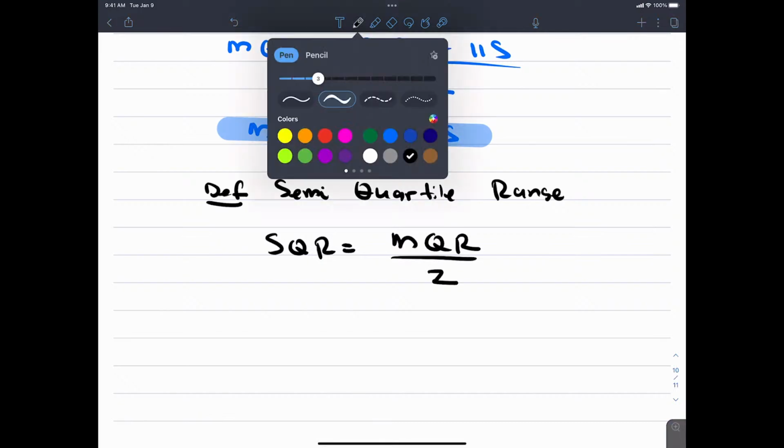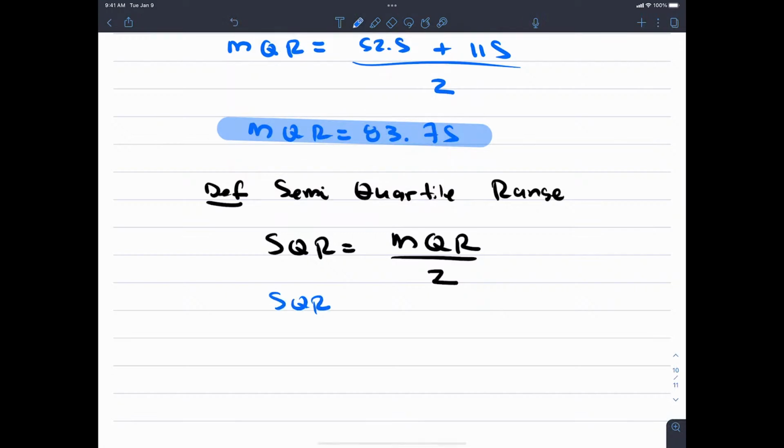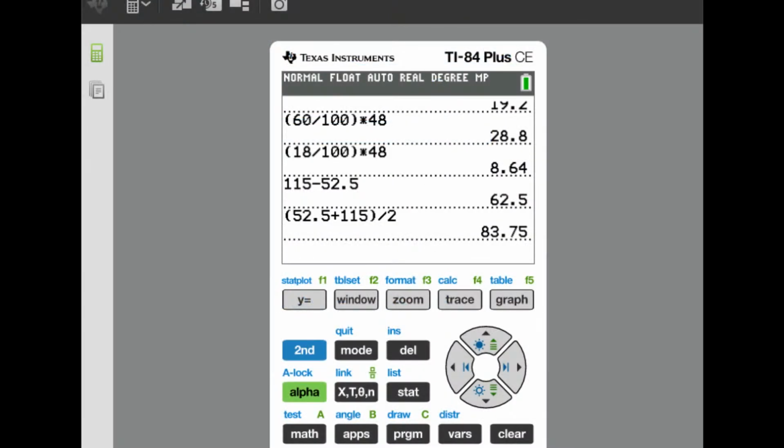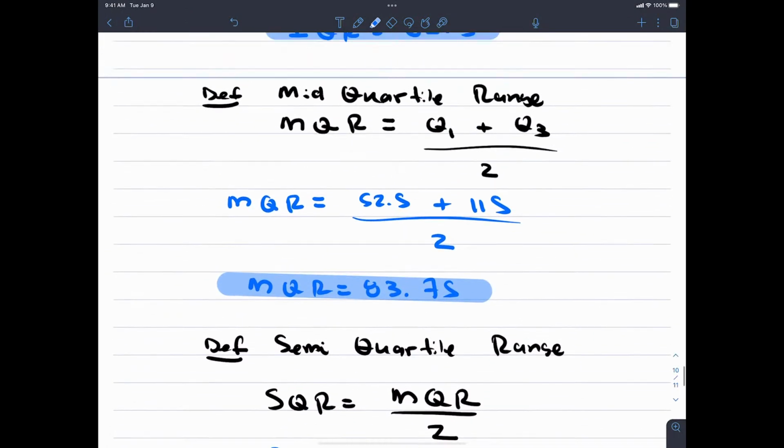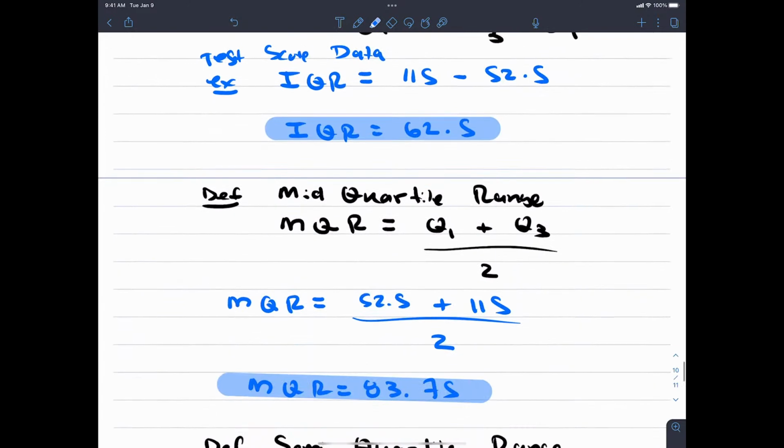So if I know the mid-quartile range, I take that number, 83.75, and I divide by 2. And what do you get? 41.86. All for these quartiles, ladies and gentlemen, these definitions.